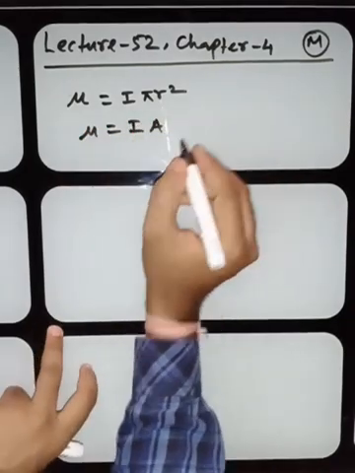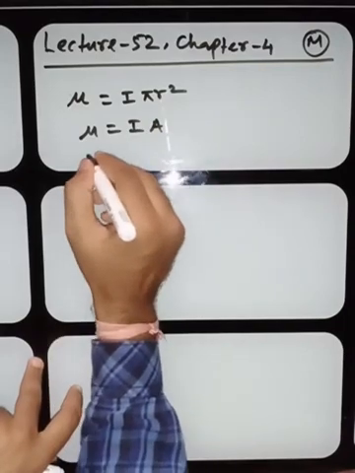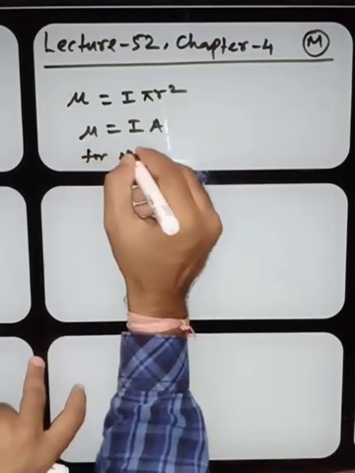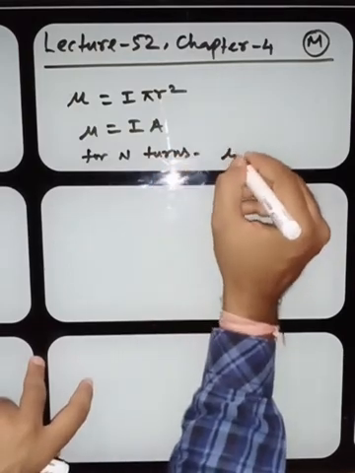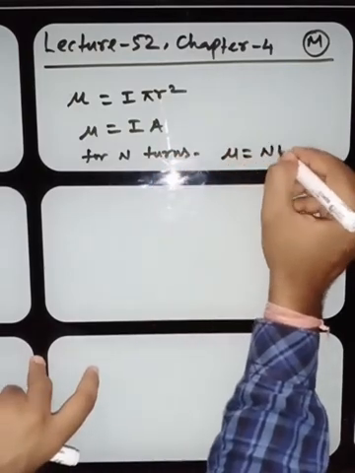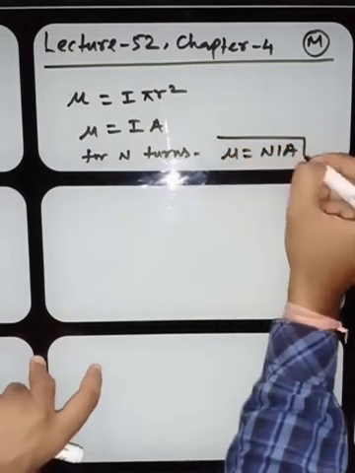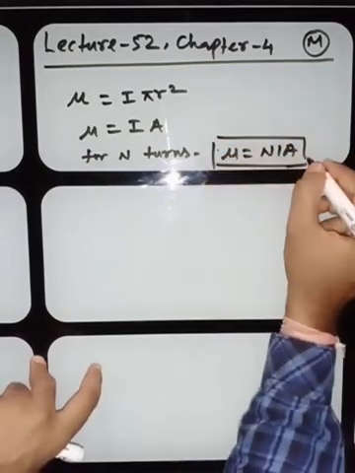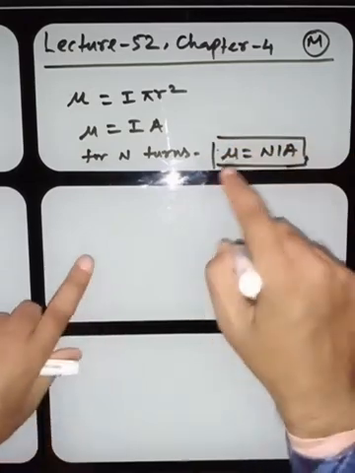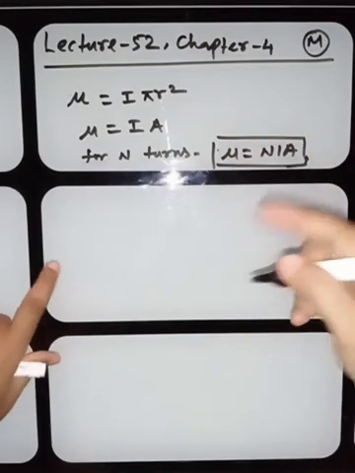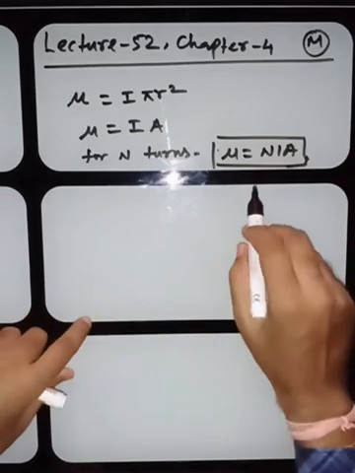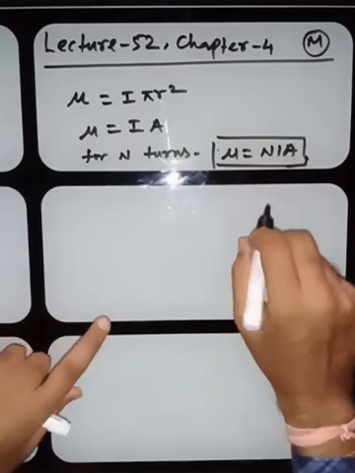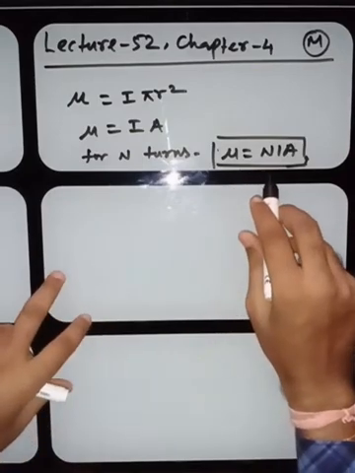All right, for n turns, this could be written as mu is equal to NIA, and this is the magnetic dipole moment. Now that equation that we have obtained, you can write in this form of magnetic dipole moment.